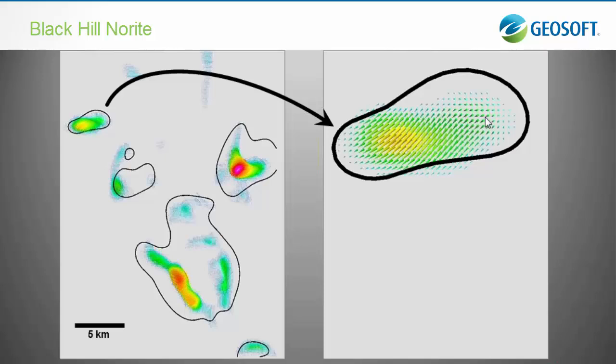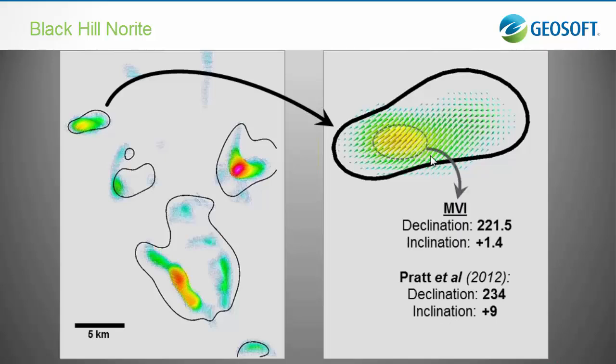So I'm pulling this out, and you'll see here how MVI has lined up the vectors. In particular, I'm just looking at this centerpiece where it really has some consistency. I'm going to pull that out and have a look at what the declination and inclination are from modeling.